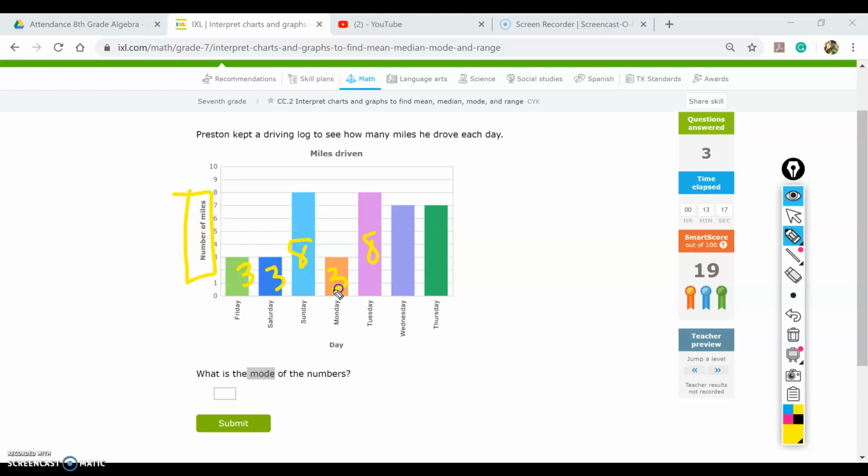This here is 3, this here is 7, and this here is 7. Based on that, what do you think is the number that is repeating the most? Yep, it is a 3. So the mode would be 3. It's not which one is the highest or the biggest number, it's which one is repeating the most. So that's why 3 would be my answer for the mode.